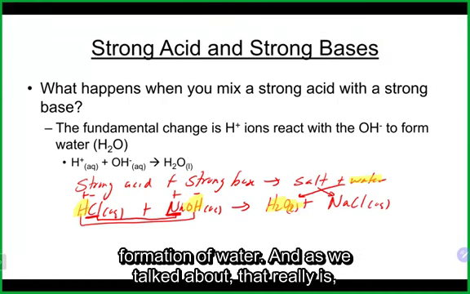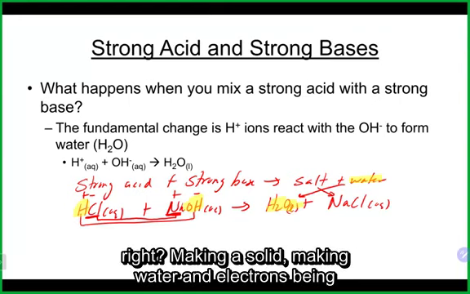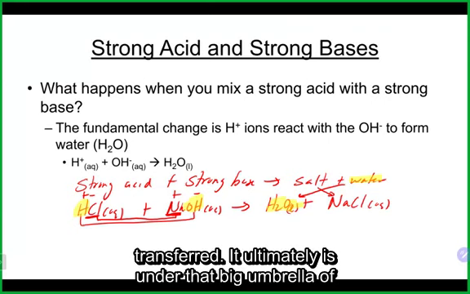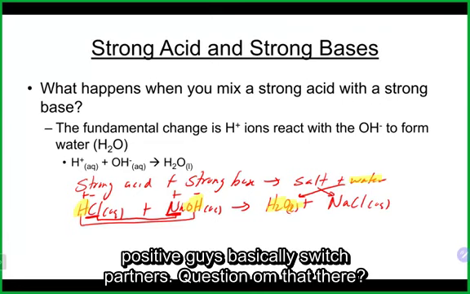You're going to basically get the formation of water. And as we talked about, that really is, again, one of the three reasons why a reaction takes place, right? Making a solid, making water, and electrons being transferred. It ultimately is under that big umbrella of double displacement reactions we talked about, where the two positive guys basically switch partners. Questions on that there?